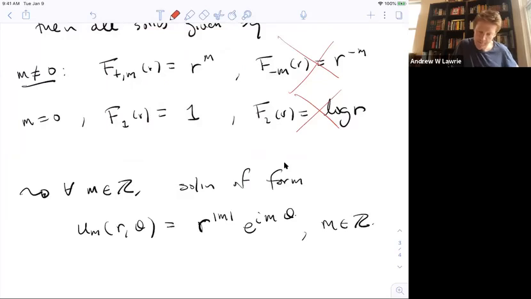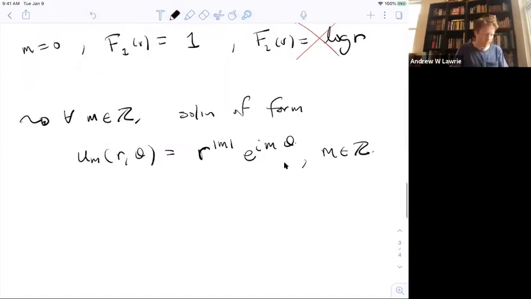This is m bigger than or equal to 0. If m is less than or equal to 0, we would throw out this solution. So what I mean is, the physically relevant solutions are this family of solutions.